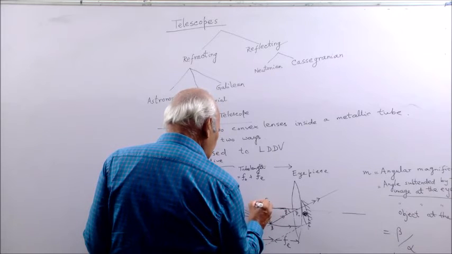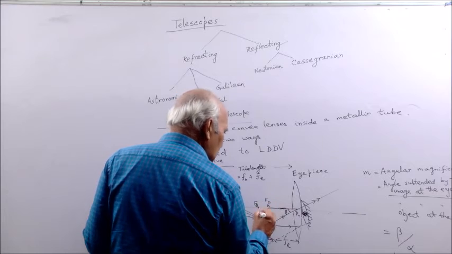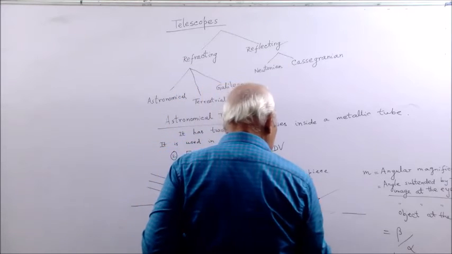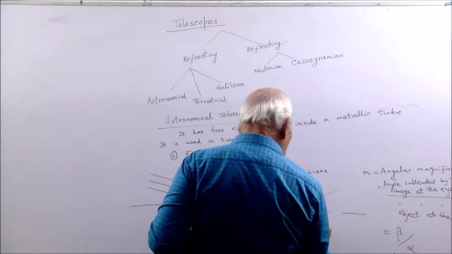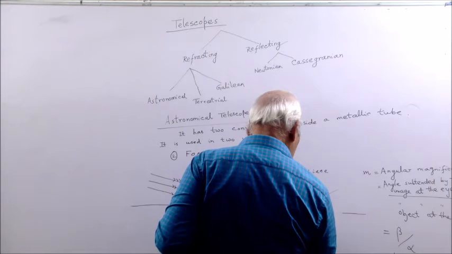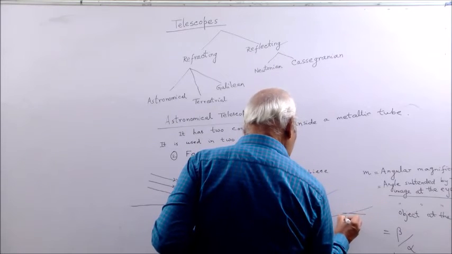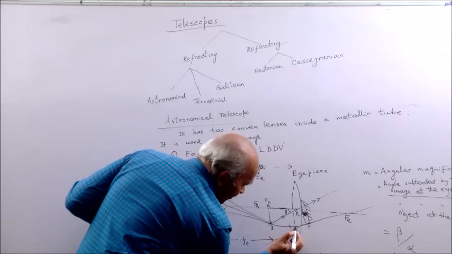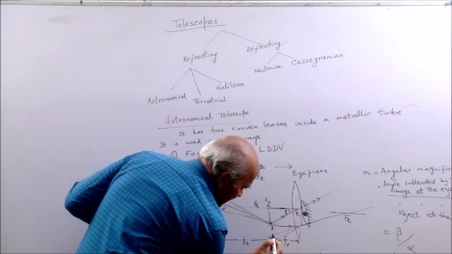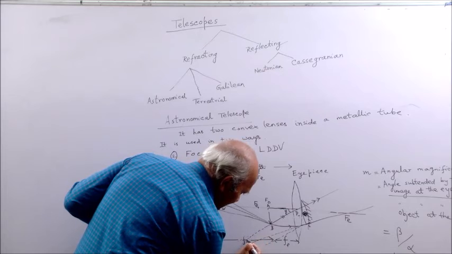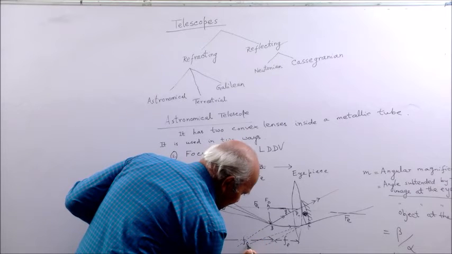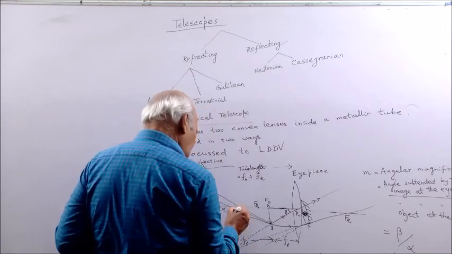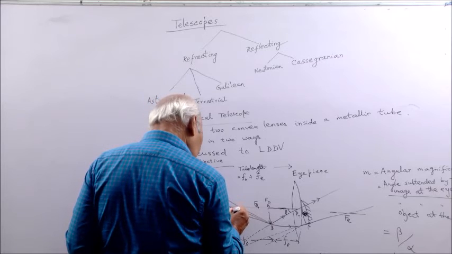So, FE will be here. Then this ray goes straight, no problem, but this one will go like this. This is your FE. So, when they are produced backward, they will produce a virtual image, a virtual magnified image, of course.